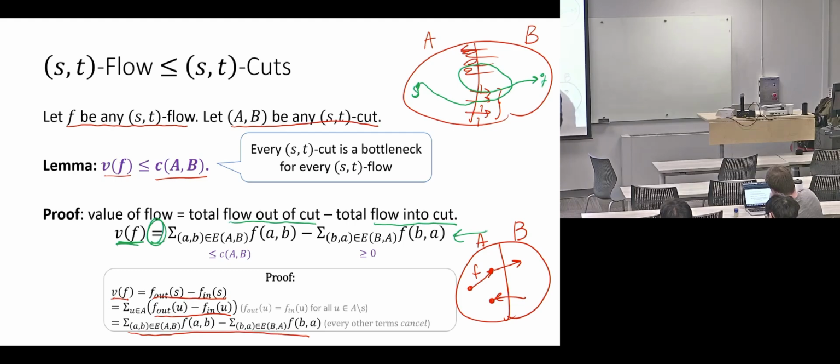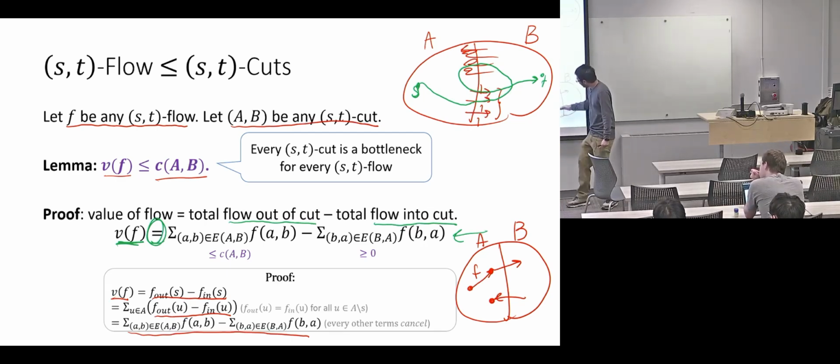Which edges do not get cancelled? It's just the ones with one endpoint in A and another endpoint in B. The ones that go out of A give you a positive number in this sum.